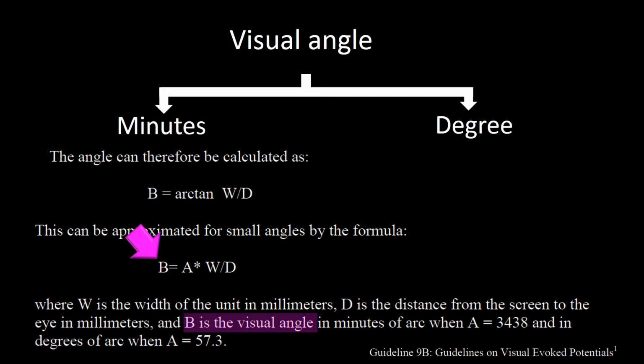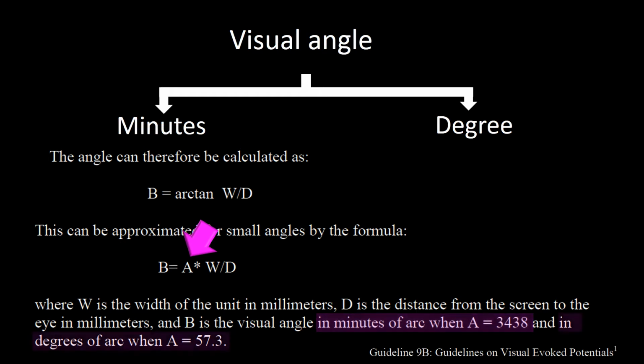This formula states that the visual angle is equal to a constant multiplied by the width and divided by the distance. The constant when using minutes is 3,438, and when using degrees is 57.3.